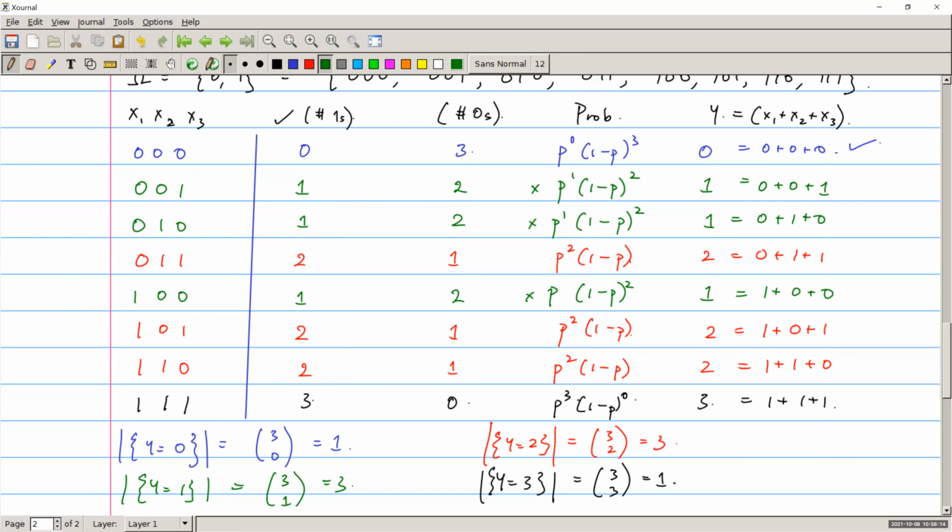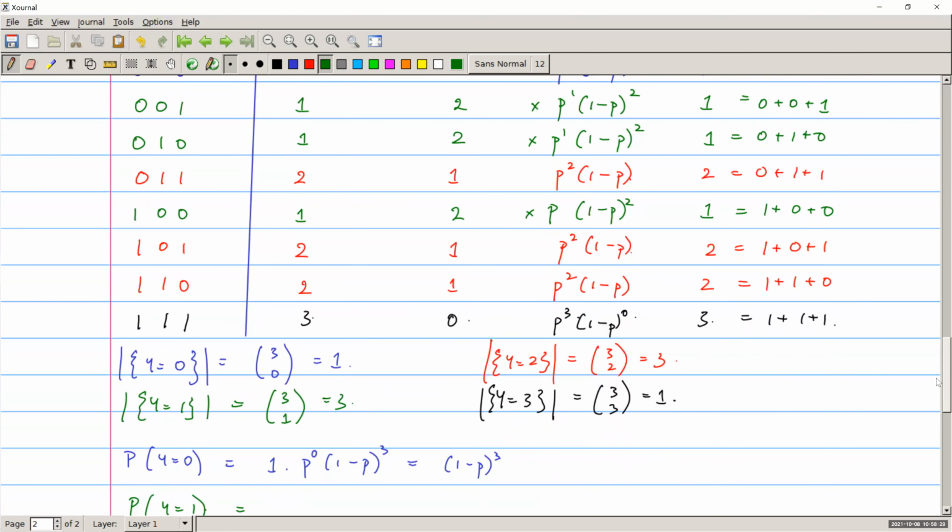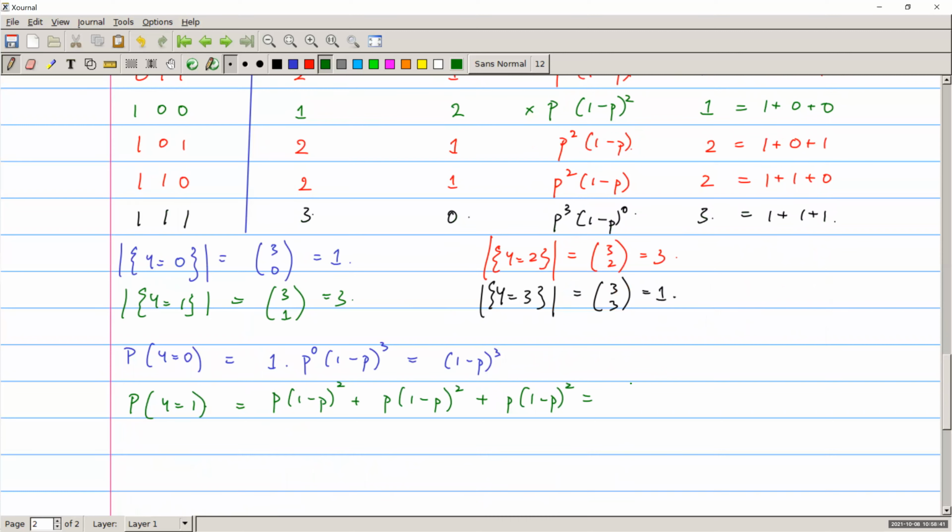In general, it will be p to the k times (1 minus p) to the n minus k. And there are exactly 3 choose 1, or in general n choose k, of these sequences. So the probability of the event y equals 1 is just p times (1 minus p) squared added 3 times, or in general added n choose k times.